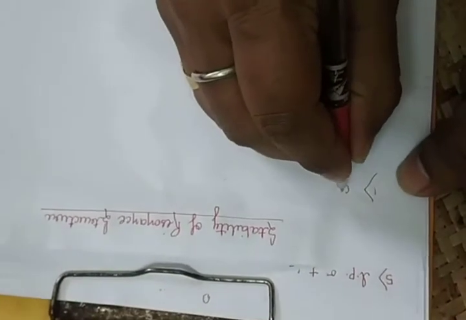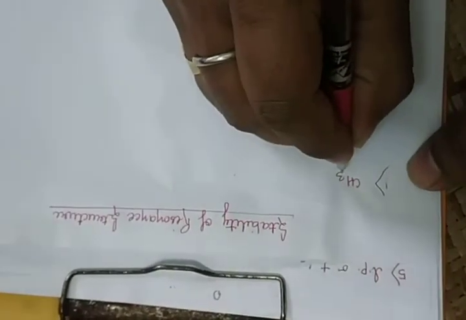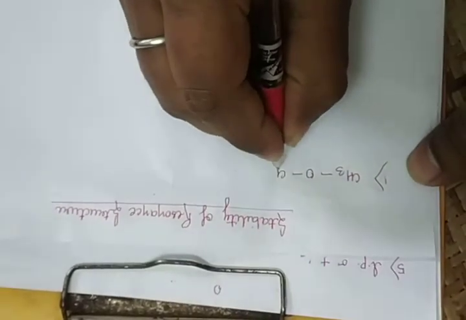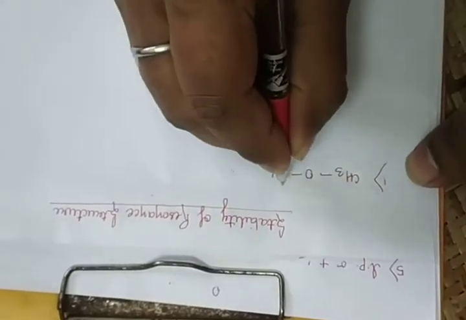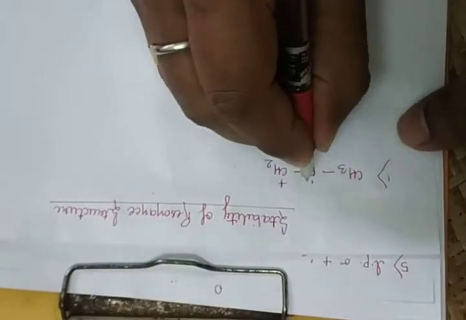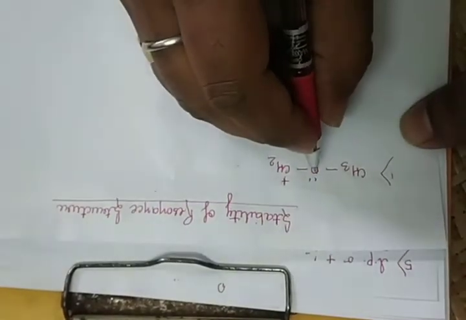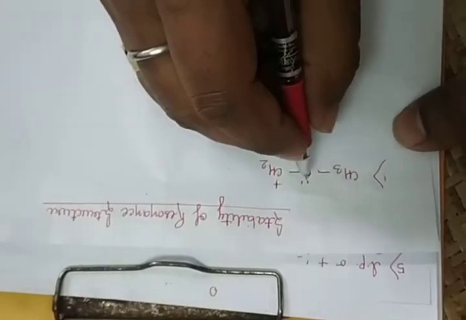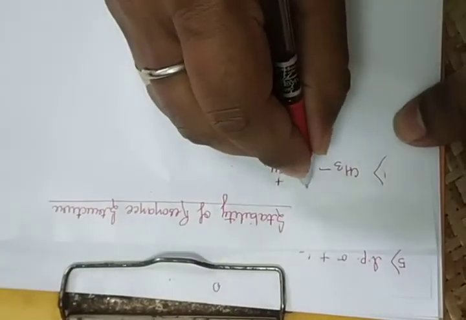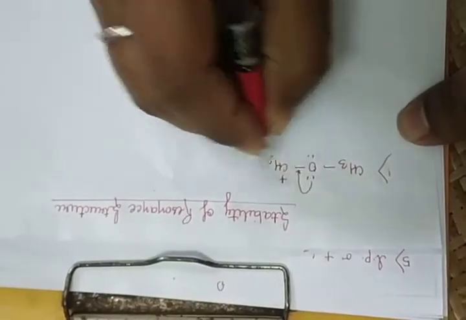Suppose you have CH3 single bond O single bond CH2 plus charge, and you know oxygen contains a lone pair of electrons. Now what is the resonance structure? You know very well, there is conjugation: the lone pair next to the positive charge donates an electron.